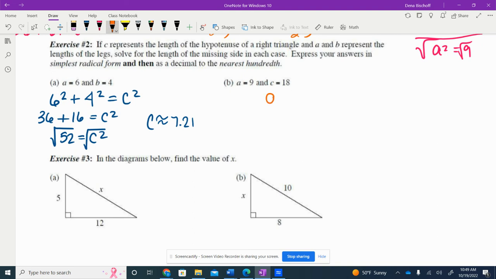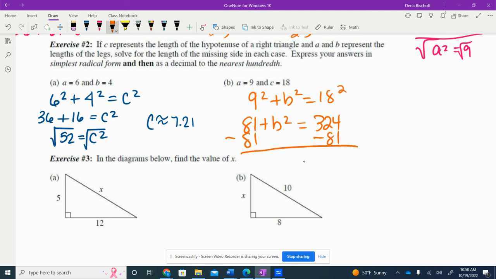Let's try it again. 9 squared plus b squared equals 18 squared. 9 squared is 81 plus b squared equals, I think that's 324. I need to check that. 18 squared, yes, okay. So I subtract 81 from both sides. So b squared equals 243.